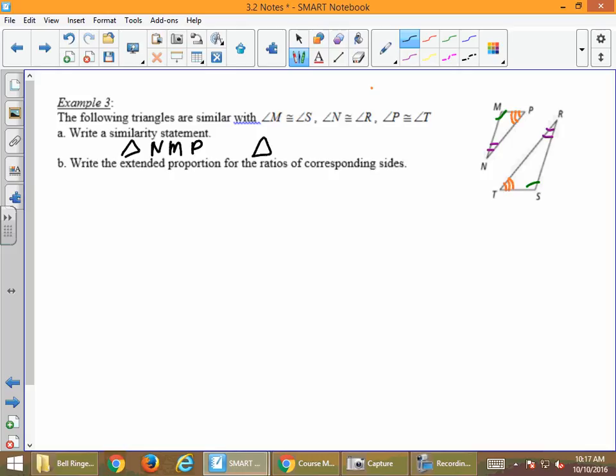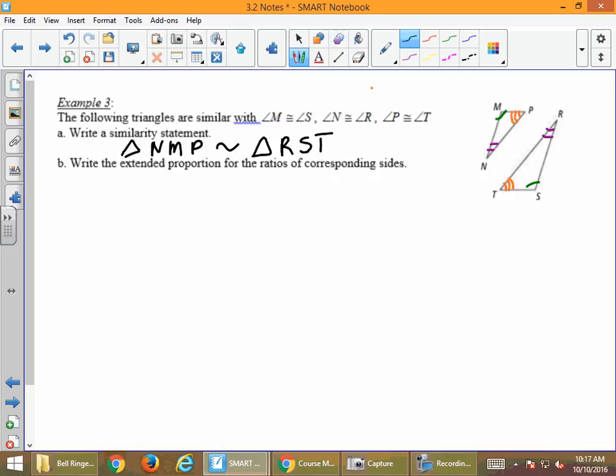If we were saying that these triangles were congruent, how do we have to name the second triangle? We went from purple to green to orange. How do we have to name that second triangle? RST. Purple to green to orange. The only difference is, instead of using that congruence symbol, what did we say represents similar? Yeah, just a squiggle.